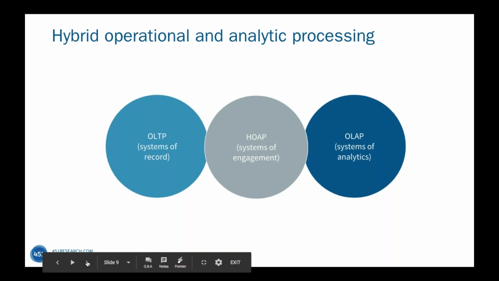Now, just to be clear about HOAP and hybrid operational and analytic processing, there are obviously other terms used in the industry to describe the same thing. Some talk about hybrid transactional analytic processing.